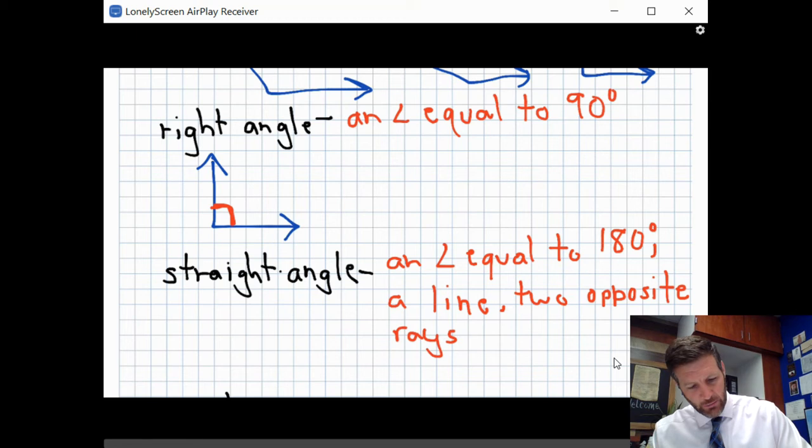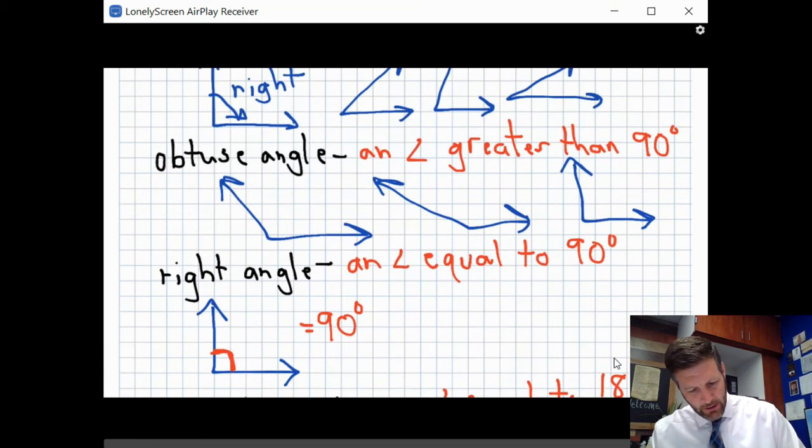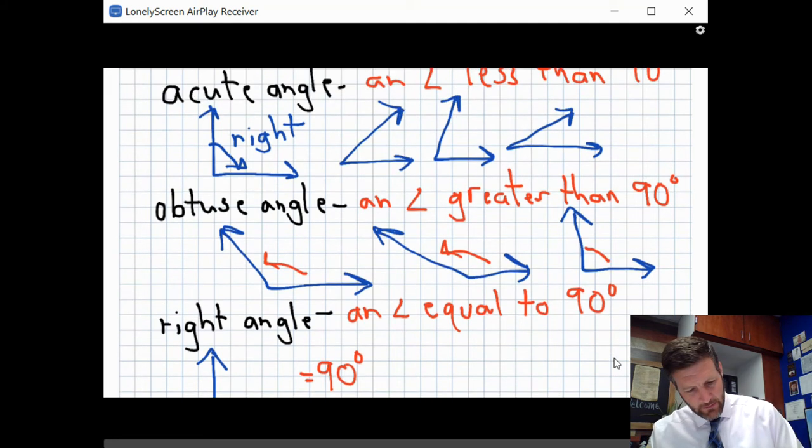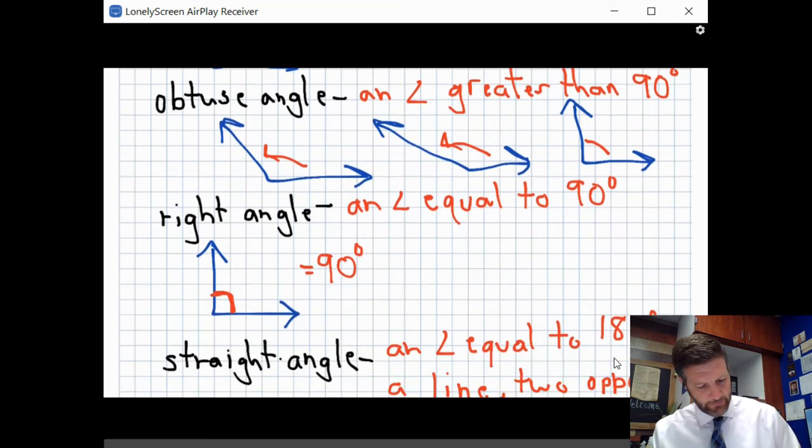So I know that angle right there is equal to 90 degrees. Whereas up here, all of these angles are more than 90 degrees, and for the acute, these are all less. This angle here is less than that straight up and down 90 degrees.